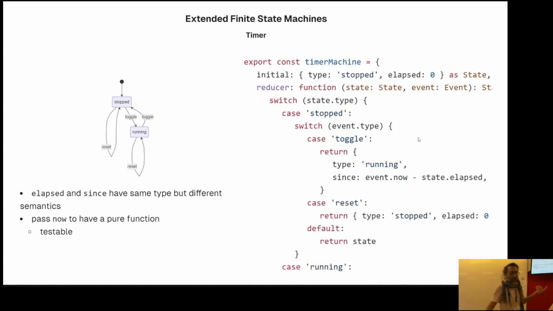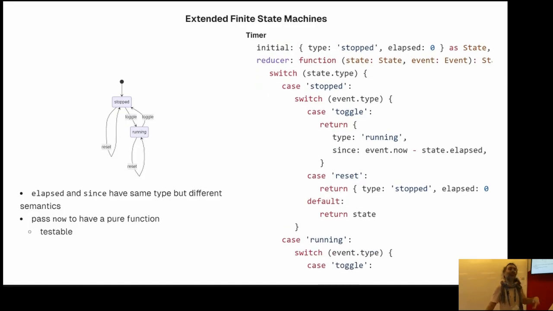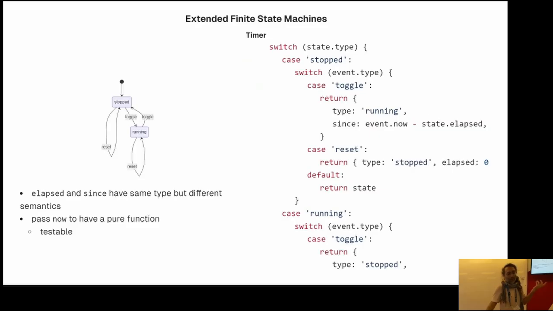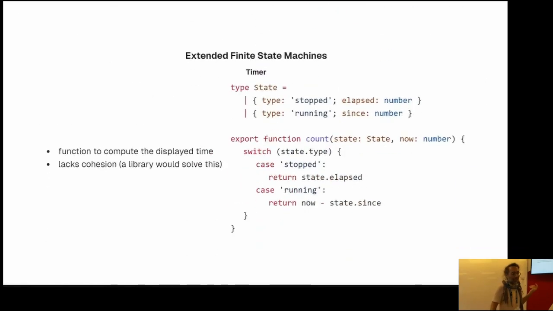And here we have once again the initial state. It's stopped and no time has passed, and we still have this nested switch statement with stopped and running, and functions where our event handlers are. So nothing more to see. That's the point.